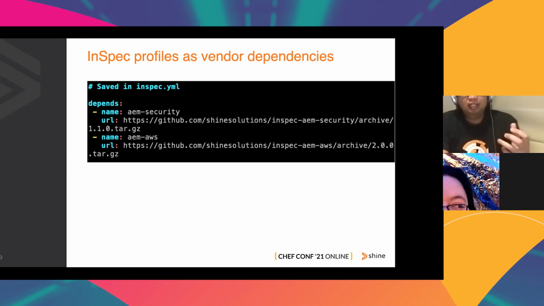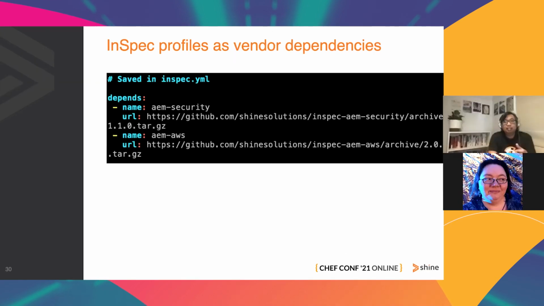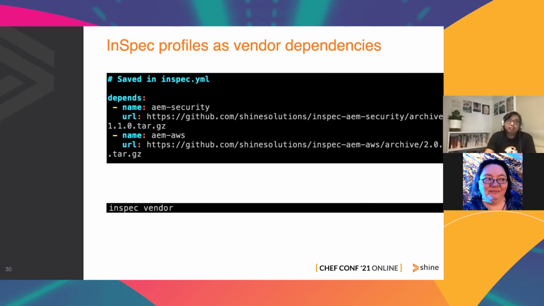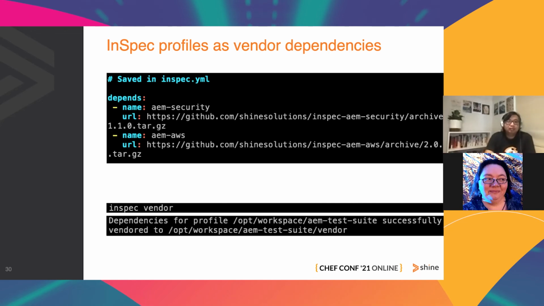You just specify the username / the package name. So in this case, it could be Shine Solutions / AEM-security. And then we just run the inspect vendor command, and inspect vendor will download those packages into the vendor directory. It's really straightforward. And then you have these packages residing on your local system.